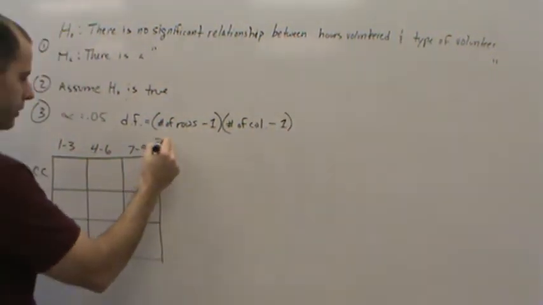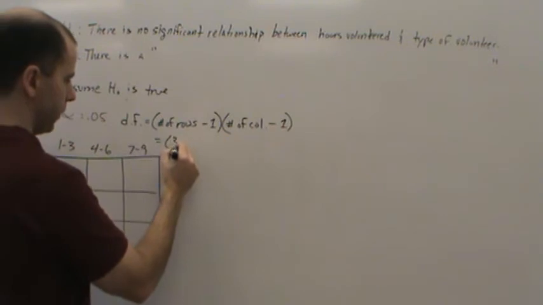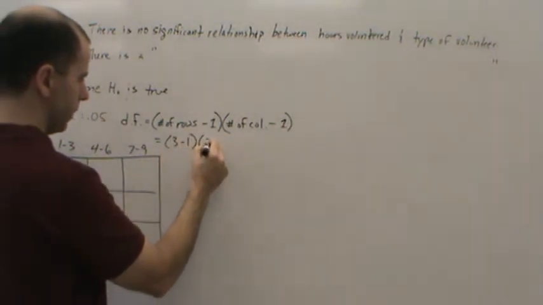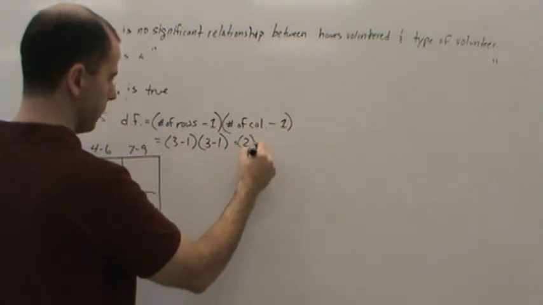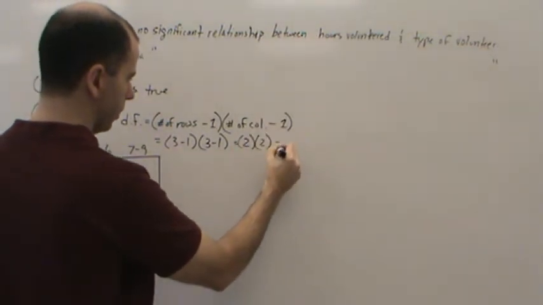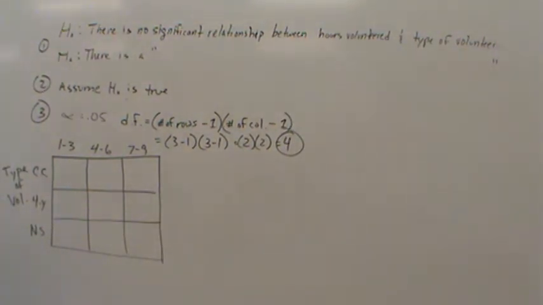In this case, we've got a 3 by 3 matrix, so 3 rows, 3 columns. So this is going to be 3 minus 1 times 3 minus 1, which is 2 times 2, which equals 4. So the degrees of freedom in this case will be 4.